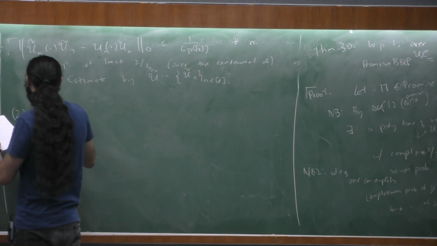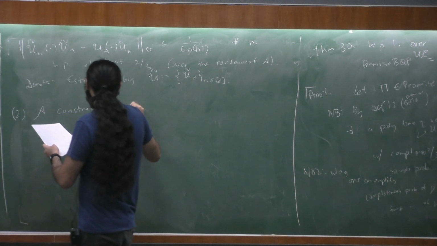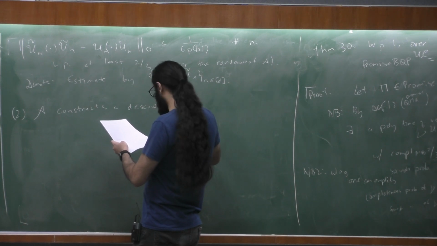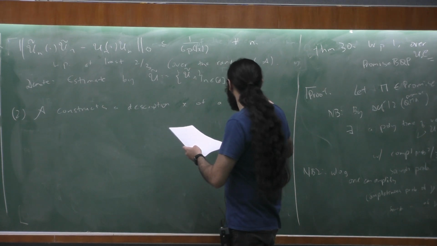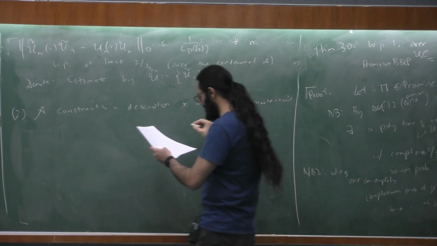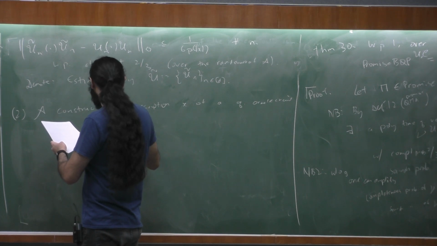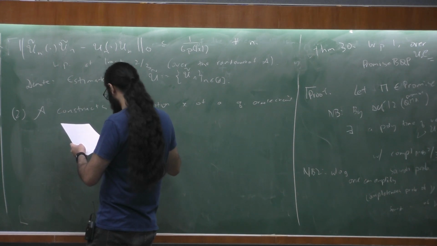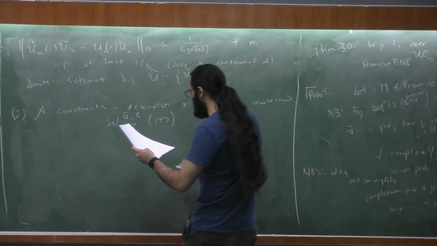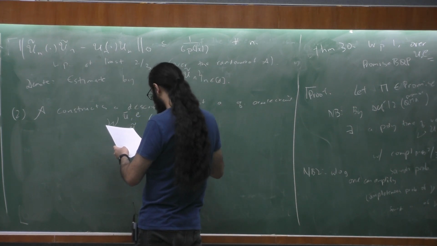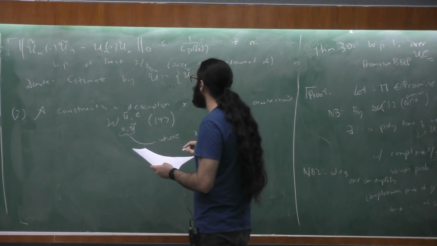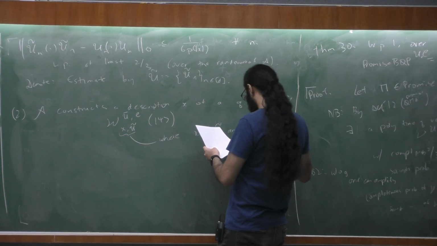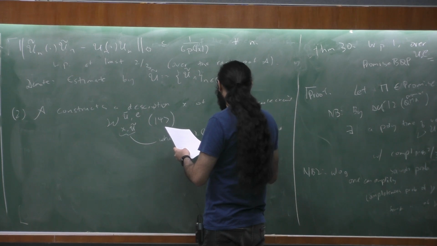The second step is that A constructs a description X of a quantum oracle circuit W, where U bar C has the subscript U tilde, where X and U tilde, which is the estimate, are hard coded into the circuit.